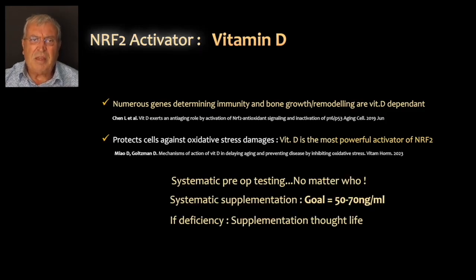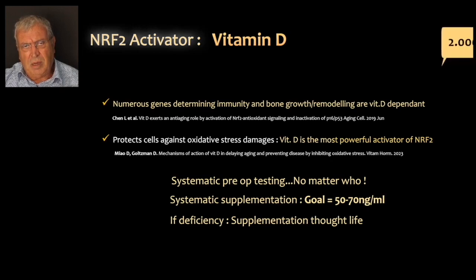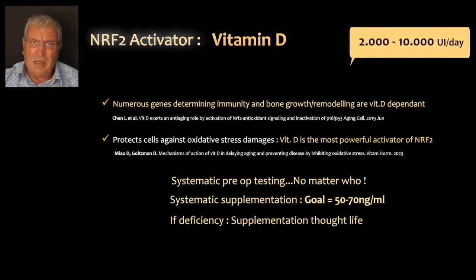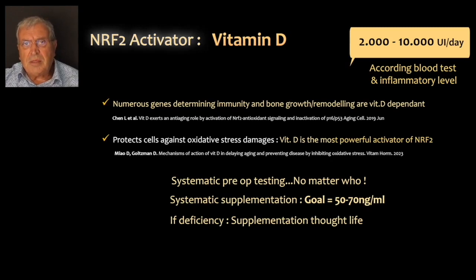We do systematic supplementation. And if the patient is deficient, we will advise supplementation for the whole life. The daily dose is from 2,000 to 10,000 units a day, according to the blood test and the inflammatory level.